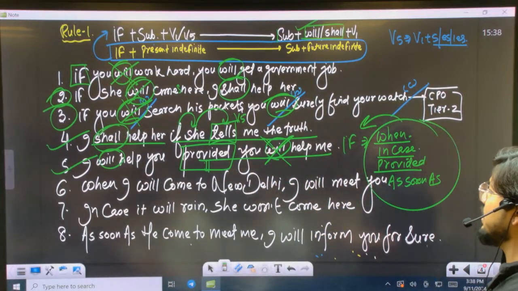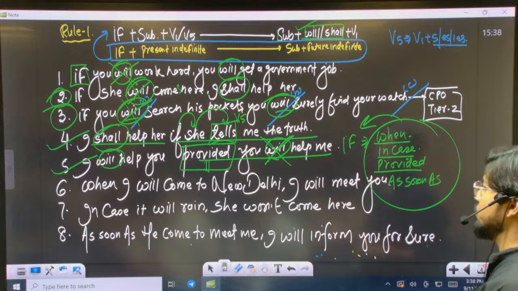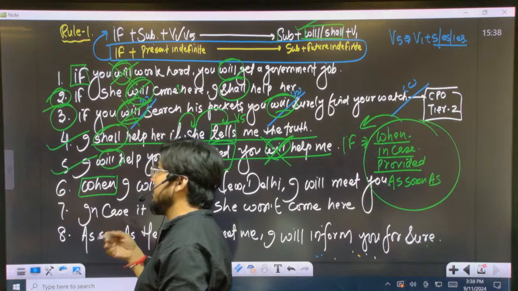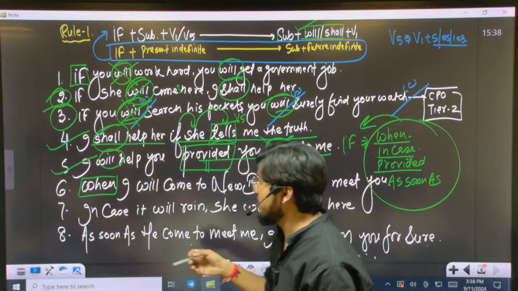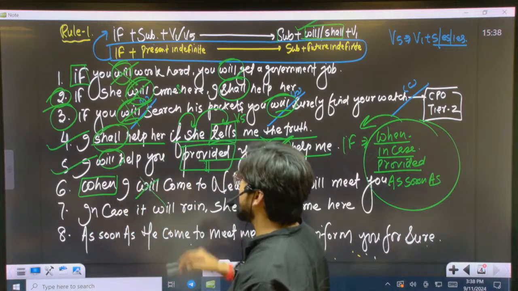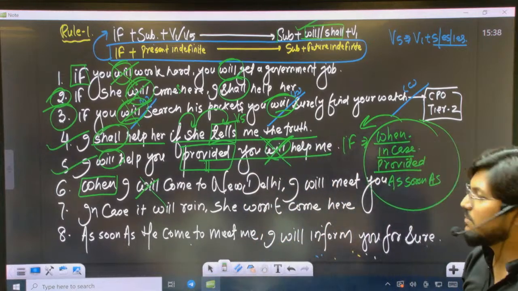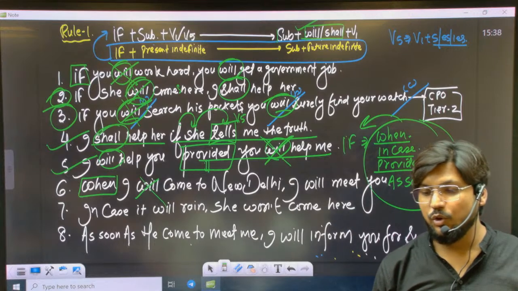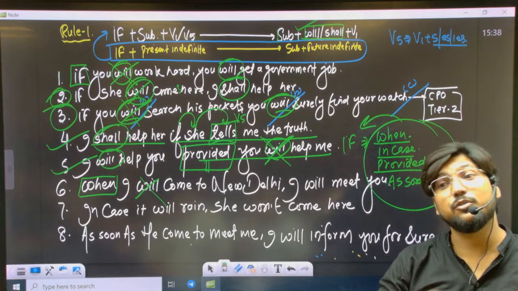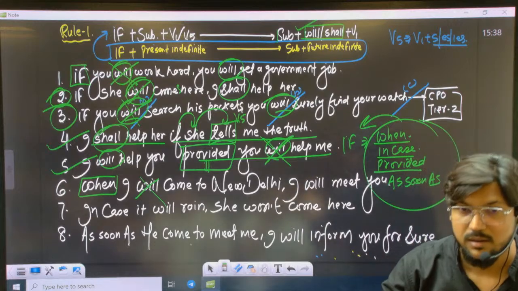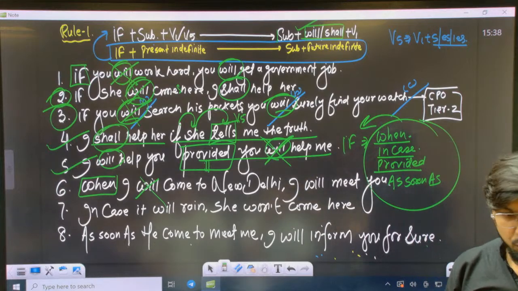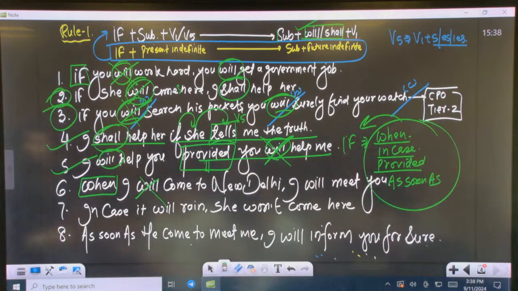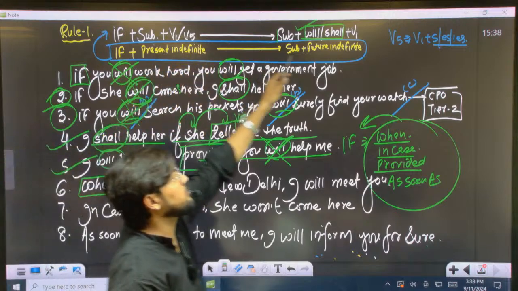When I will come to New Delhi, I will meet you. When has been given in place of if, so I will not. If I come to New Delhi, I will meet you. Even though in Hindi you want to make both sentences in future, in English both future cases will not be used. First must be present, second must be future.